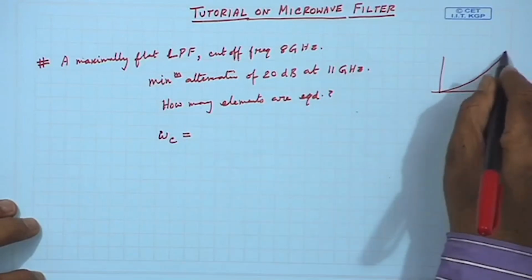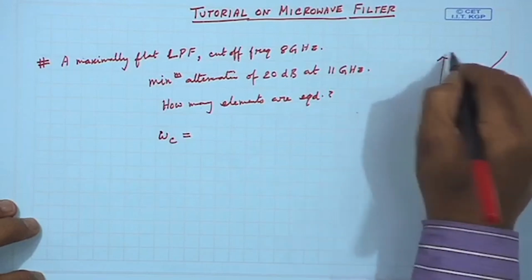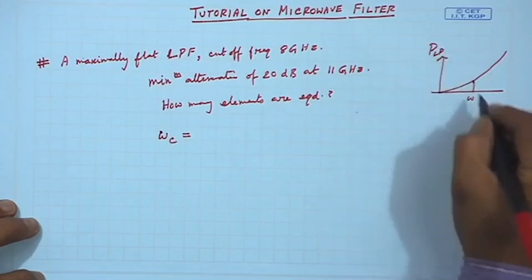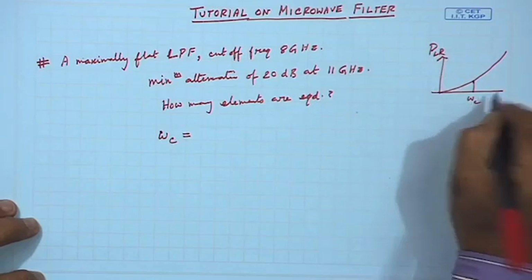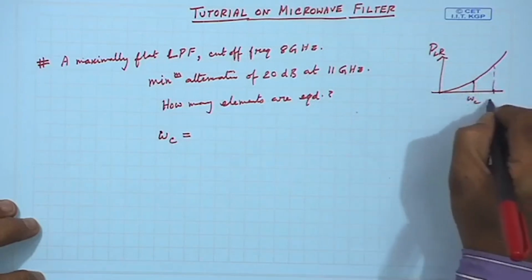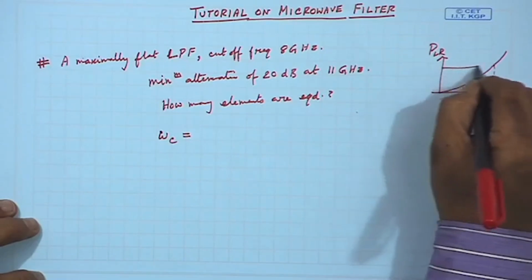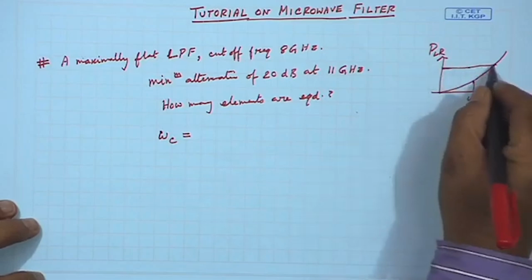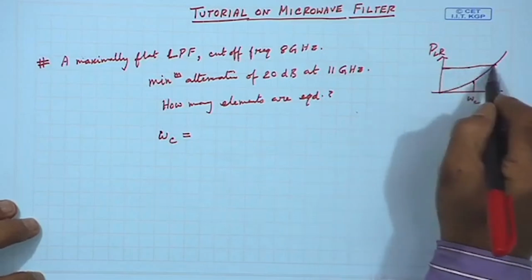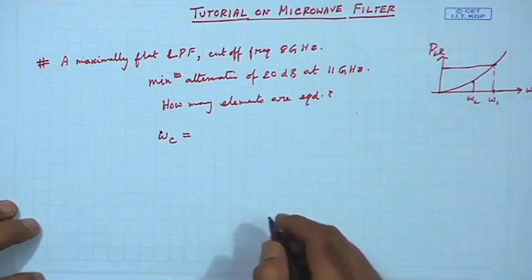So, what I am saying is, this is my cutoff, this is my PLR, this is my omega c, but I am specifying at certain other omega, let us say omega 1, that it should be at least this.